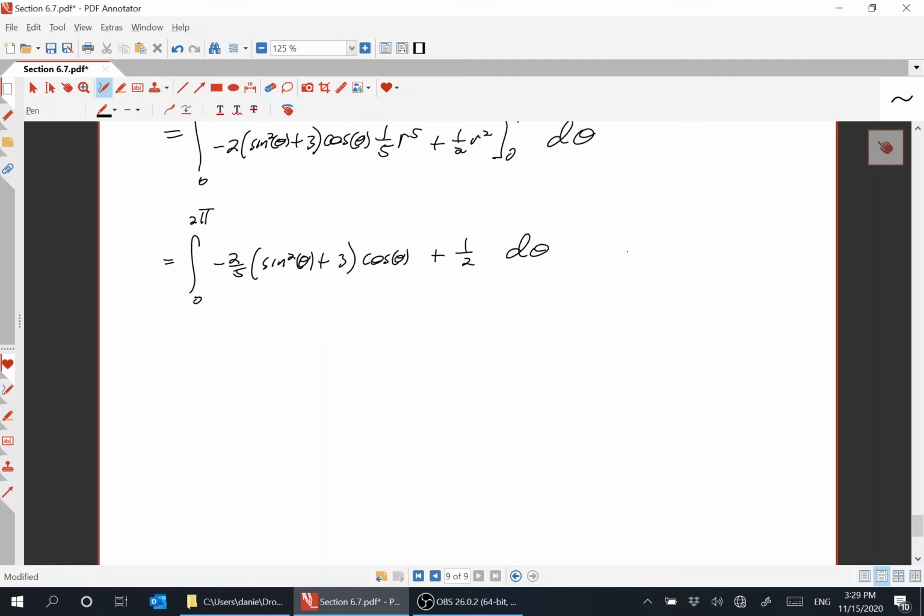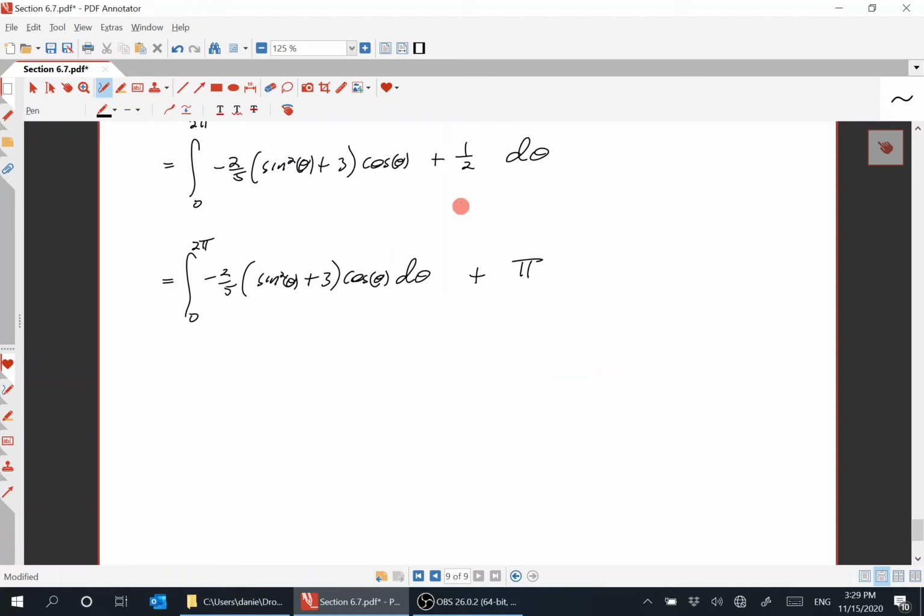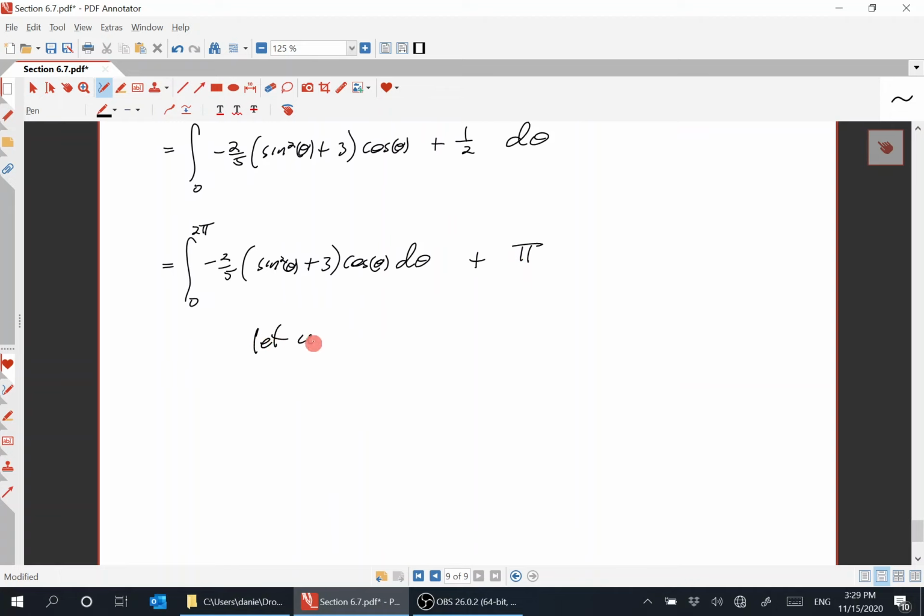All right. So now to solve this, this one is going to be just pi. Minus 2/5 sine squared theta plus 3 times cosine of theta d theta plus this integral is just going to be pi. Just get this one out of the way. Now I'm going to let u equal sine theta. So du over cosine theta is d theta.